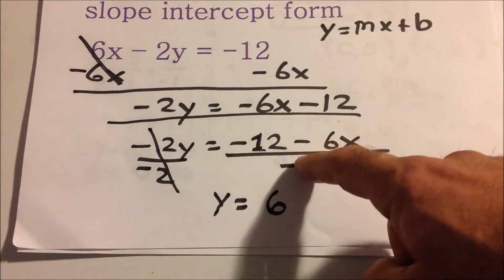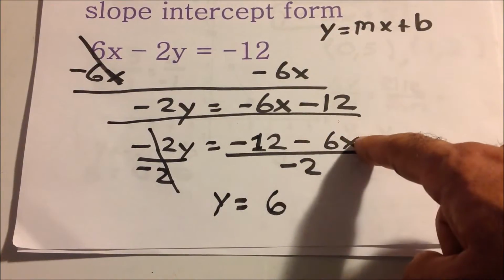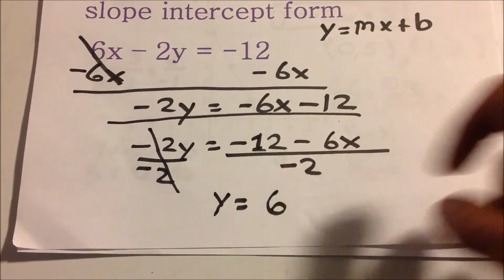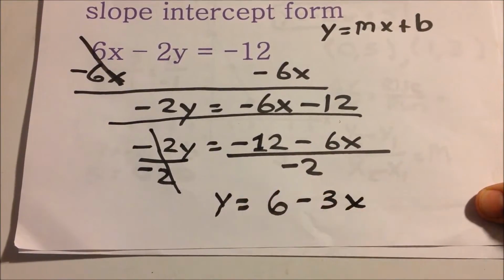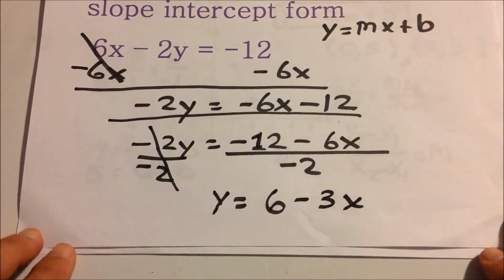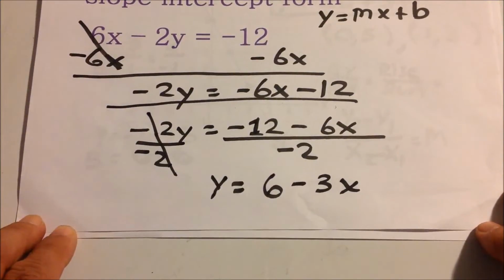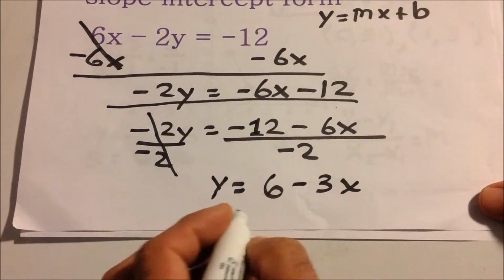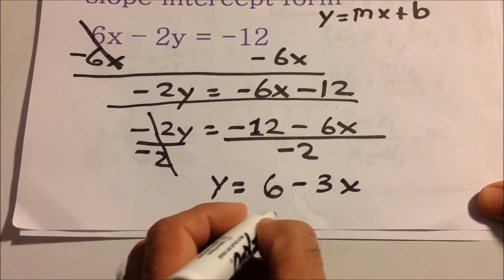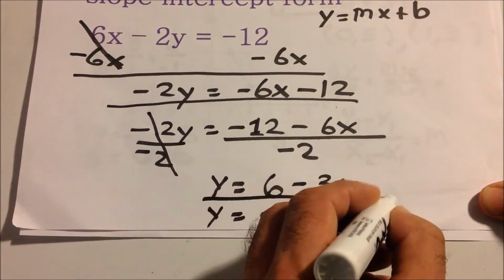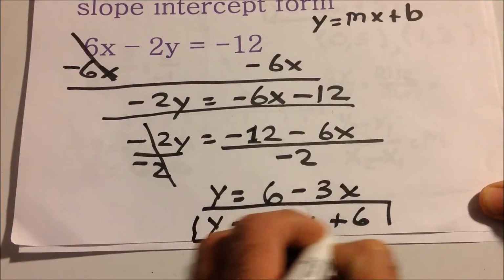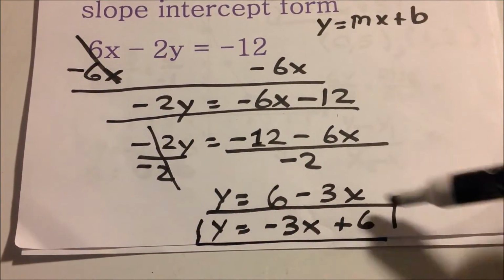And the same here, we have like terms. So a negative 6x divided by negative 2 will give us a negative 3x. So there's our equation. Now, usually it's written with the x first, so we'll have the y equals negative 3x plus 6. There's the equation. Now, you could have kept it this way also.